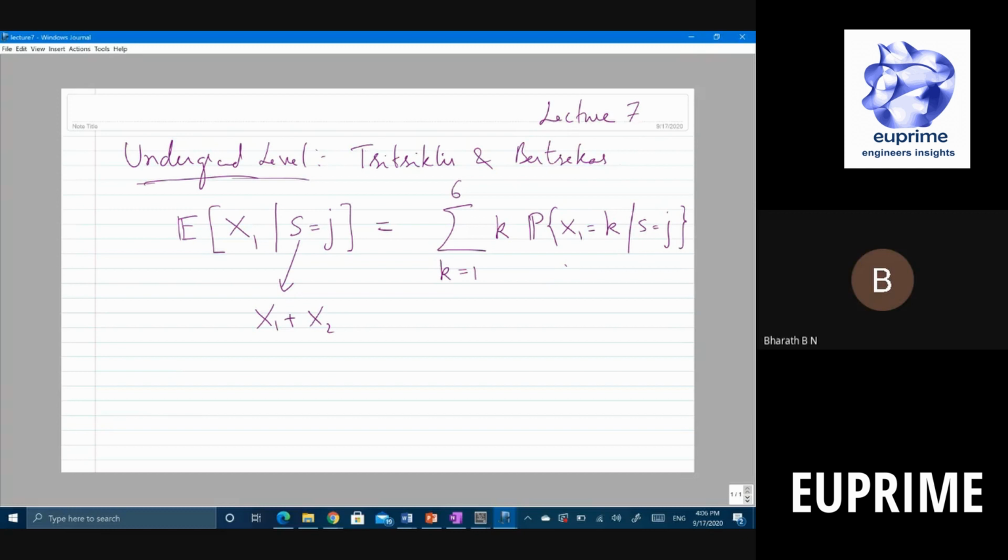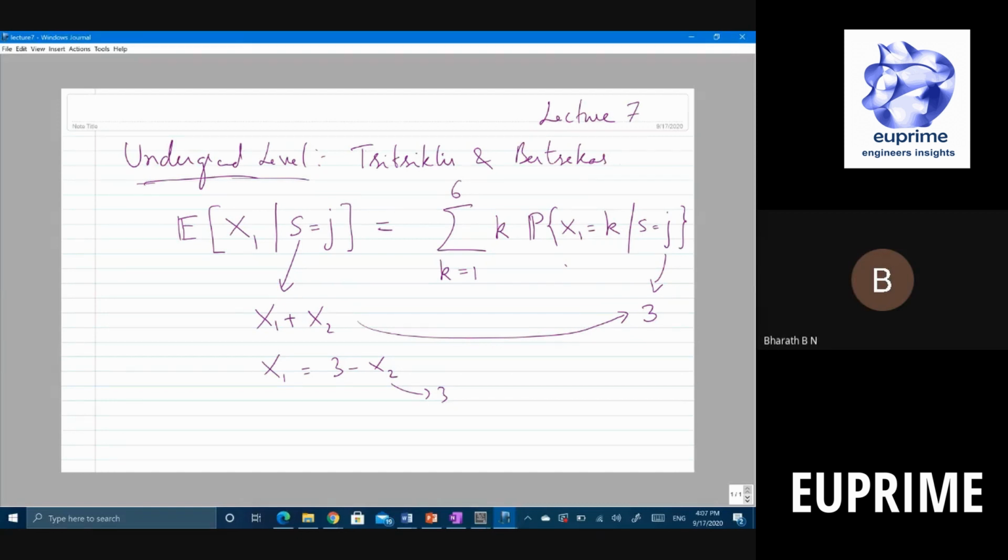But the problem is if j happens to be, let's say, 3. That means the sum x1 plus x2 is 3, so x1 can be 3 minus x2. Suppose x2 is 3, you will get x1 equal to 0, which has probability 0. It doesn't count towards your average.